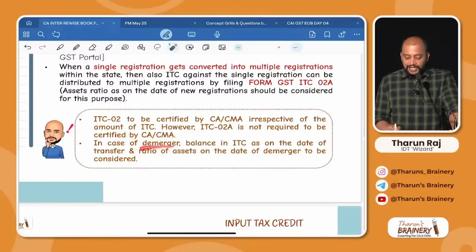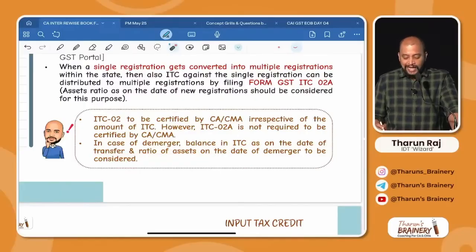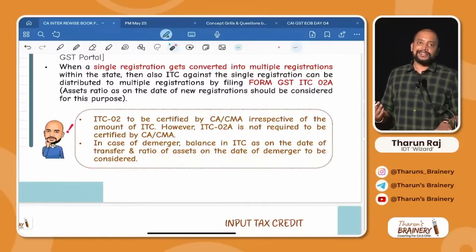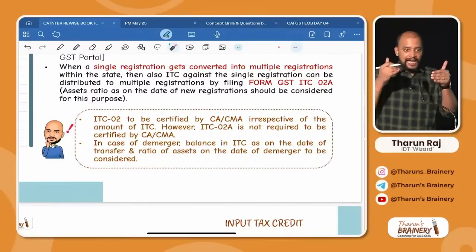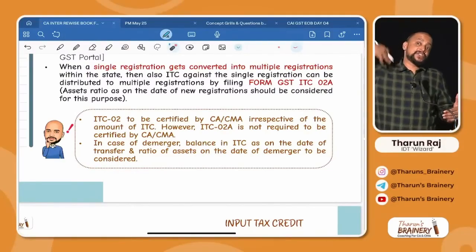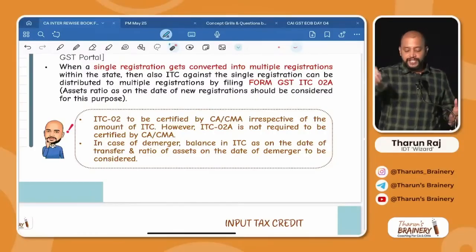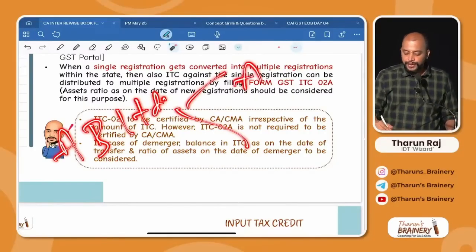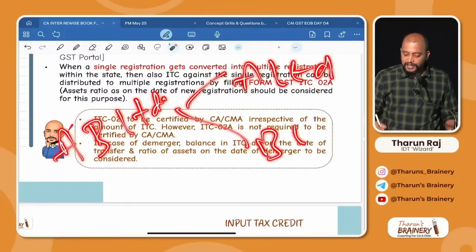In case of demerger, the balance in ITC as on the date of transfer and the ratio of assets on the date of demerger to be considered. So in case of demerger, say today the demerger happened, but I will transfer the ITC to the units later. For example, AB Limited gets split into A Limited and B Limited.